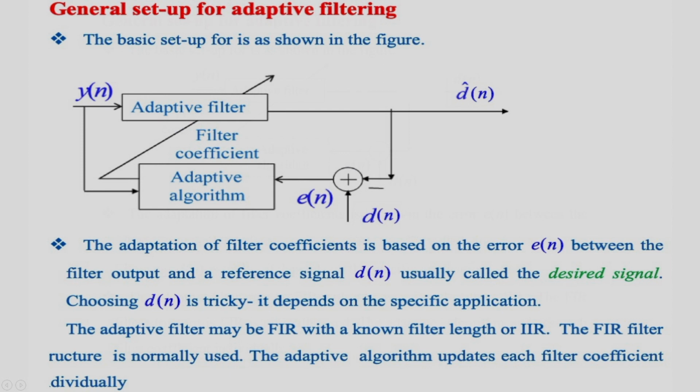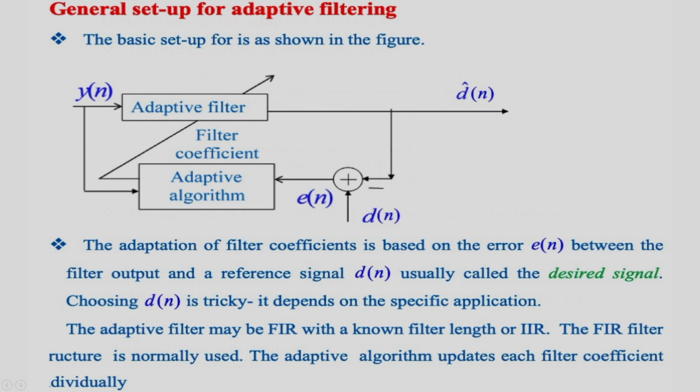The general setup for adaptive filter is as shown in this figure. So, here Yn, this noisy signal, is the input to the adaptive filter, and there is the adaptive algorithm, and d hat n is the output of this adaptive filter. The adaptation of the filter coefficients is based on the error En between the filter output d hat n and a reference signal dn, usually called the desired signal.